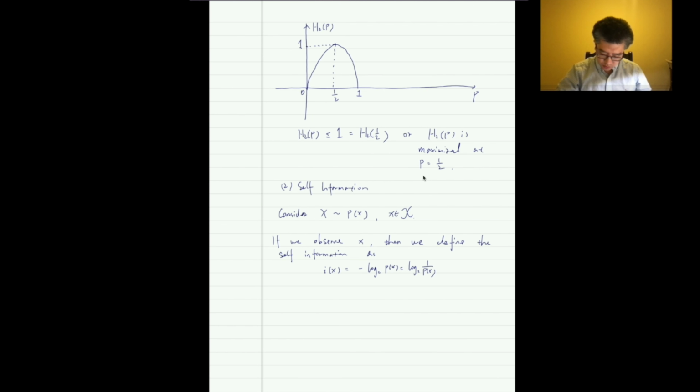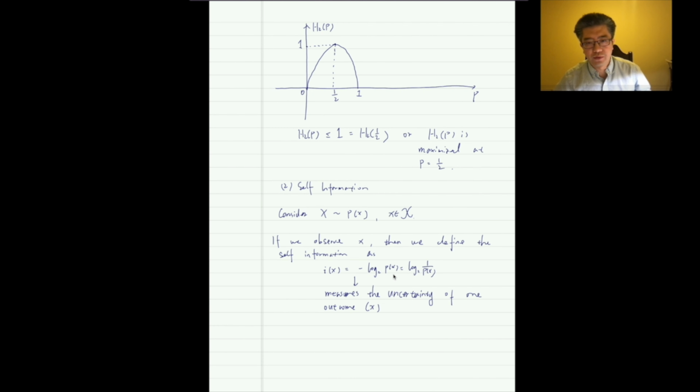So the meaning of it is that it measures the uncertainty of one outcome. It's just the uncertainty of this outcome.